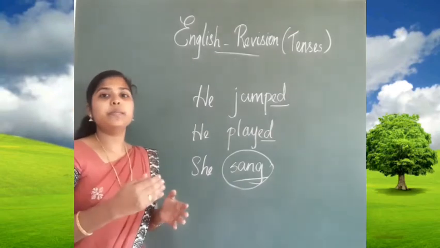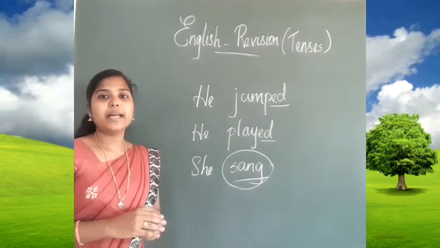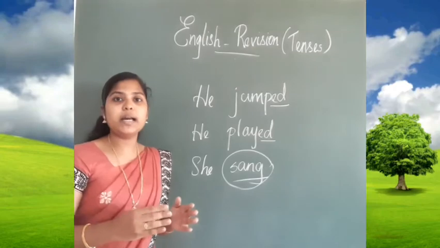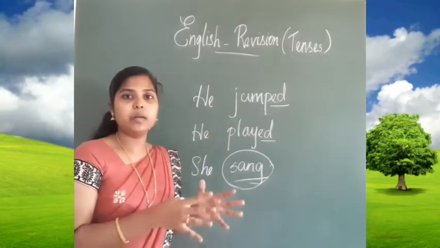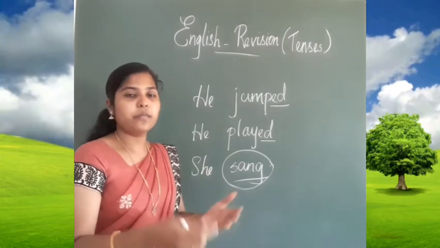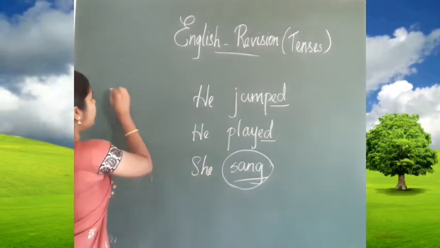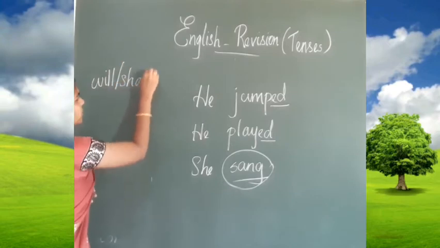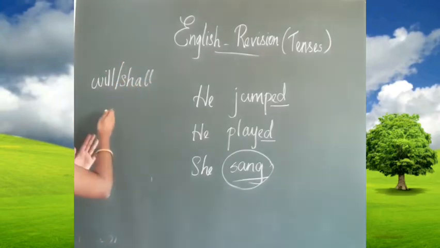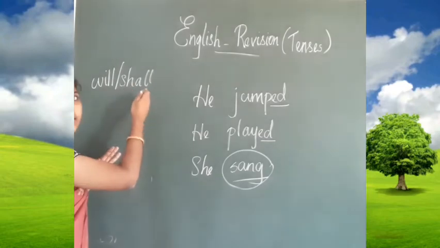And what about simple future? Any action that will happen in future, in course of time, not now, it will happen. So, for that we should use will or shall along with the verb. We can use will or else we can use shall.